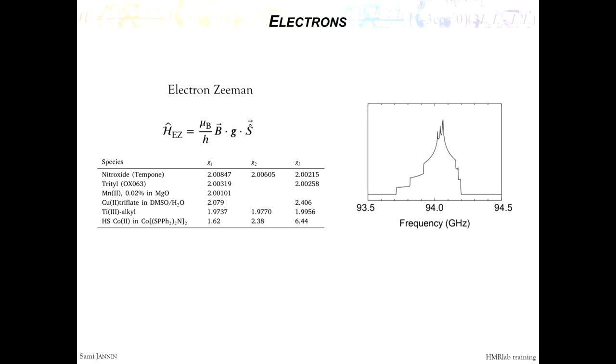And you can guess the features here. You can see some hyperfine coupling, and on top of that you have the g anisotropy. So this is a simulated spectrum for TEMPO at 3.35 Tesla, with all the possible orientations, which is quite close to what we have in reality.